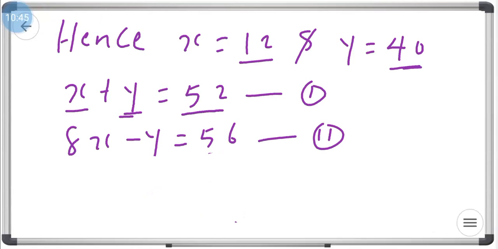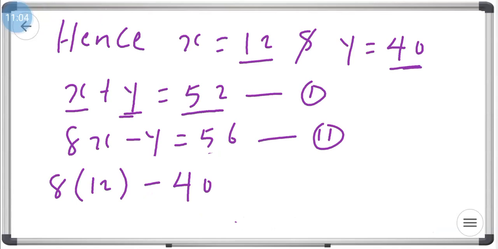Now for equation 2, we said 8x. So which implies 8 into, what is my x? 12, that's the answer we got for x, minus y, we got 40.